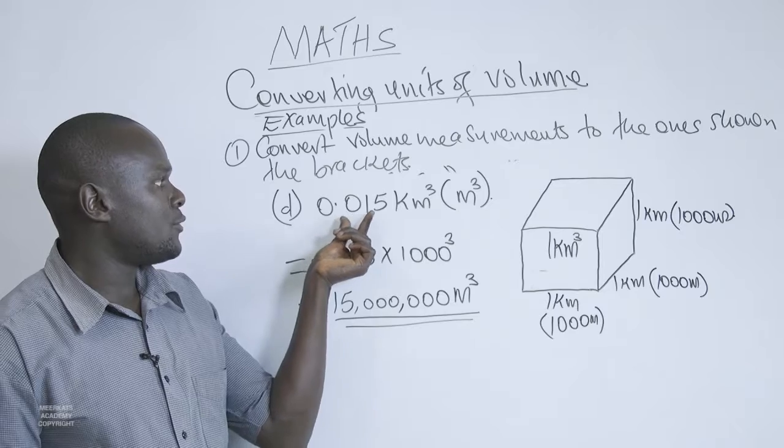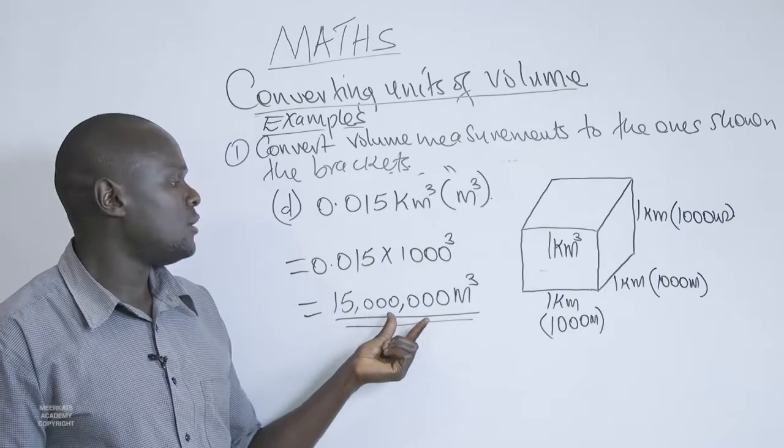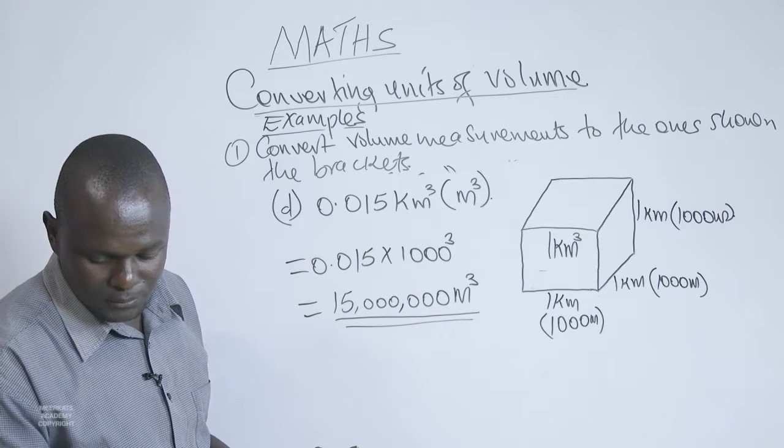So the number 0.015 cubic kilometers is equivalent to 15 million cubic meters. Let us look at another example.